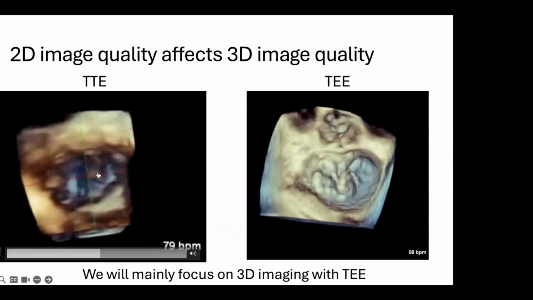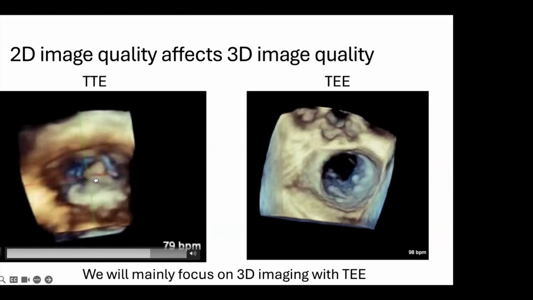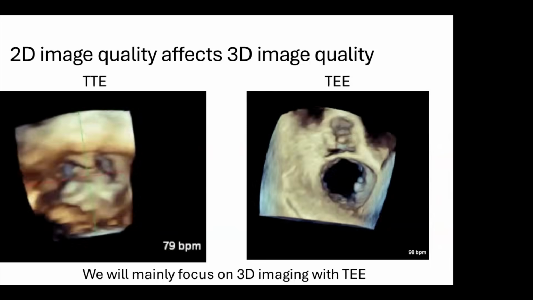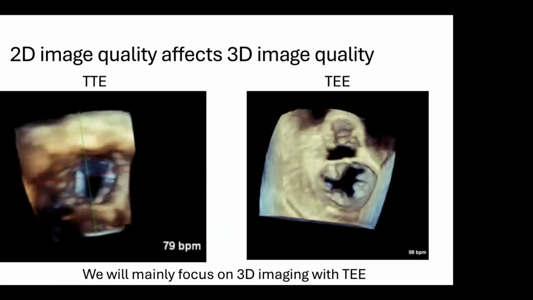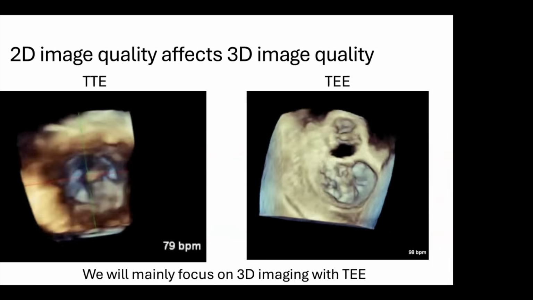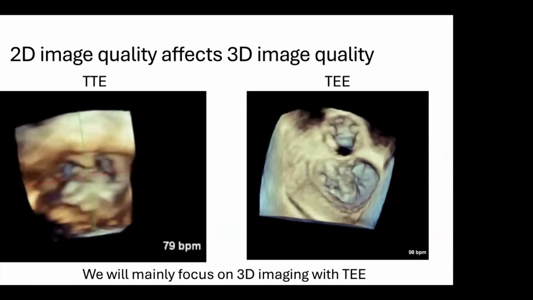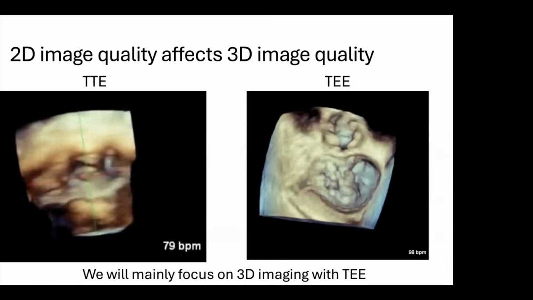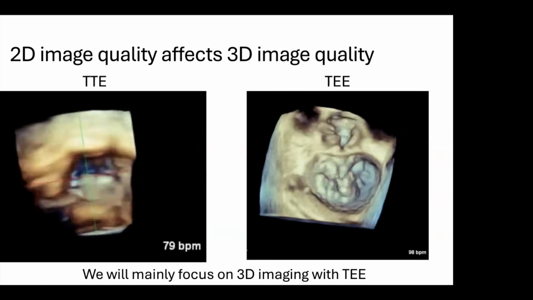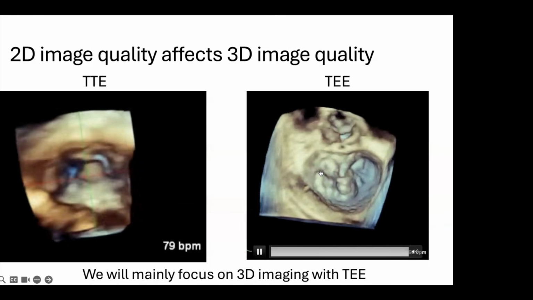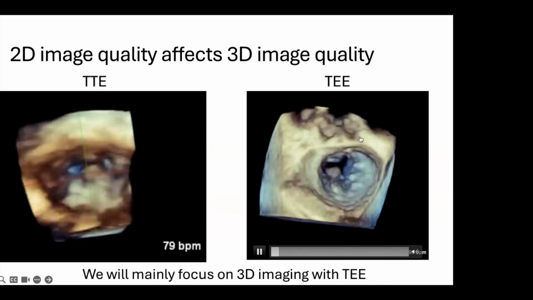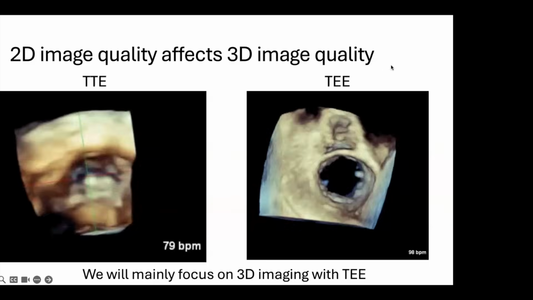So you can appreciate that there's something kind of prolapsing or flailing in the middle of the valve, but the quality is not great. And over time, as the technology gets better, it should hopefully get better. But you really do need good quality 2D images in order to produce 3D, which is one of the things that makes it so challenging with transthoracic. Compared to transesophageal, you're much closer to the mitral valve. The probes are of a different quality, and you're able to produce these high quality 3D images here.